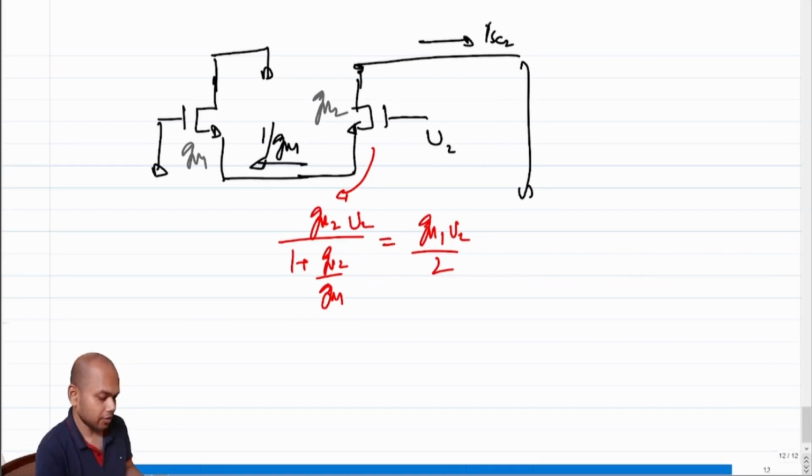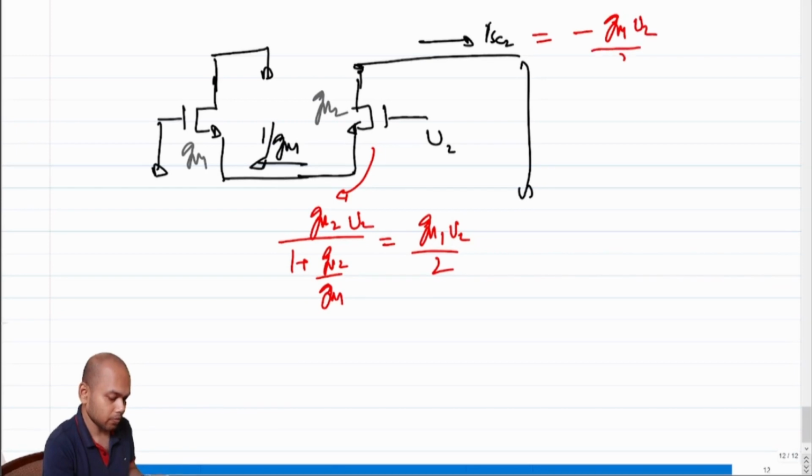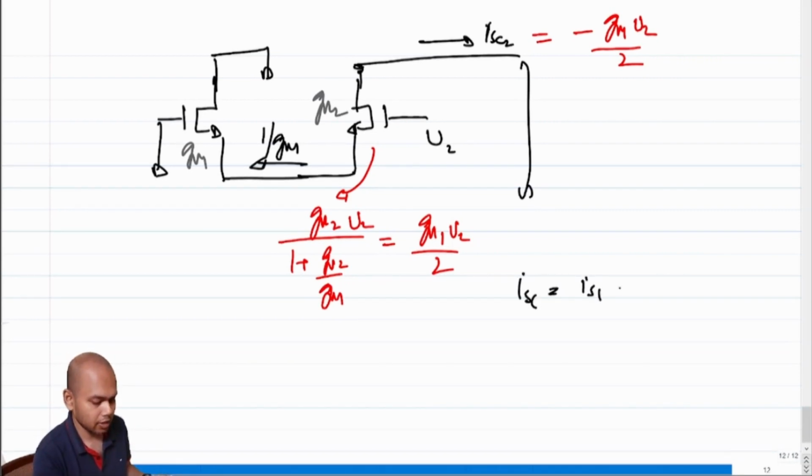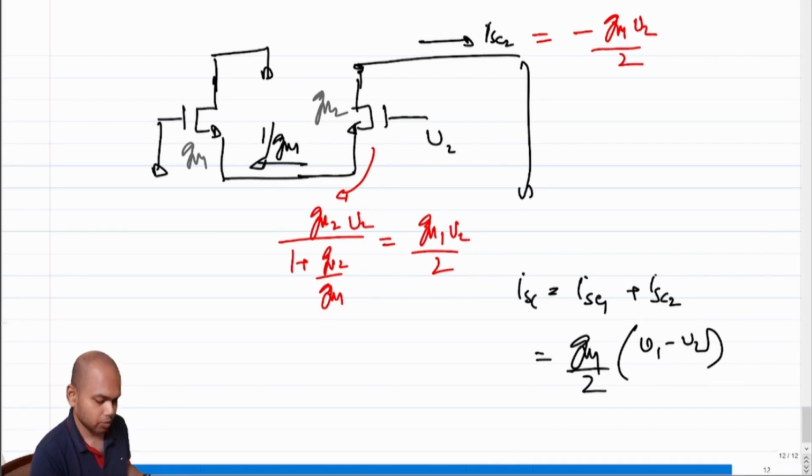So what is ISC2? ISC2 becomes minus GM1 V2 by 2, correct? So what is the total ISC? It is the superposition of the two ISCs. So ISC becomes ISC1 plus ISC2, which becomes GM1 times (V1 minus V2) by 2.